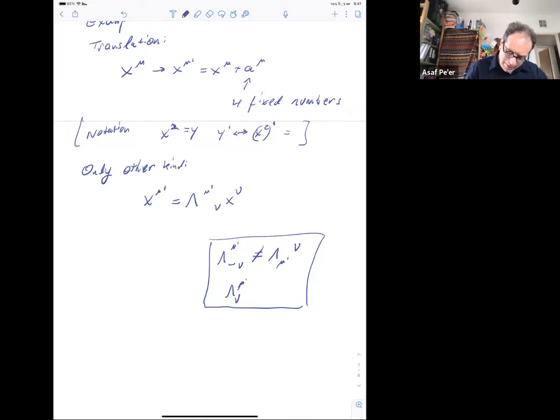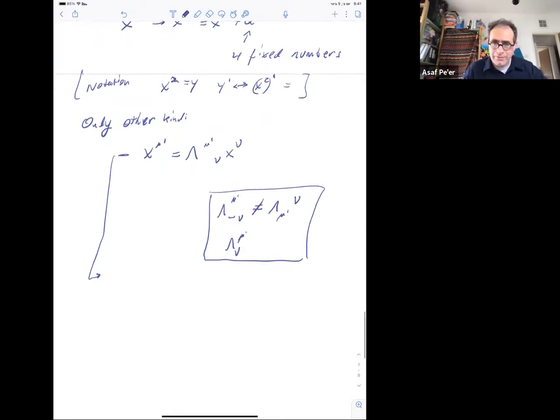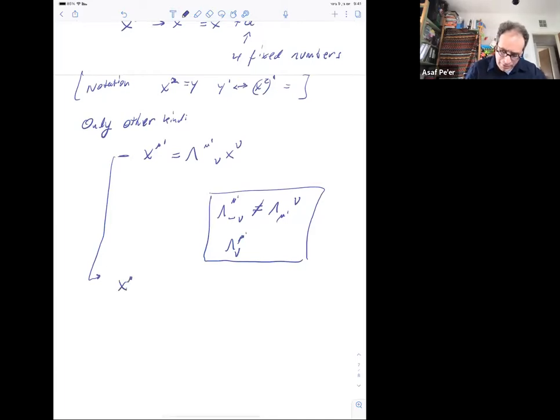Have in mind this equation. Again, we have Einstein's summation here on the right-hand side of the equation. I can write it down as x mu prime is lambda mu prime 0 x 0 plus lambda mu prime 1 x 1 plus lambda mu prime 2 x 2 plus lambda mu prime 3 x 3.